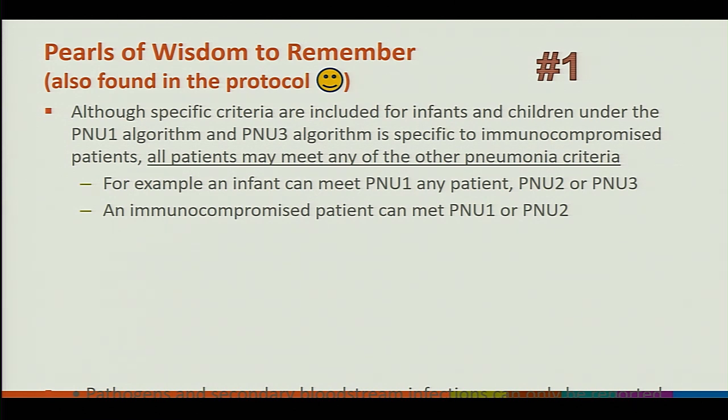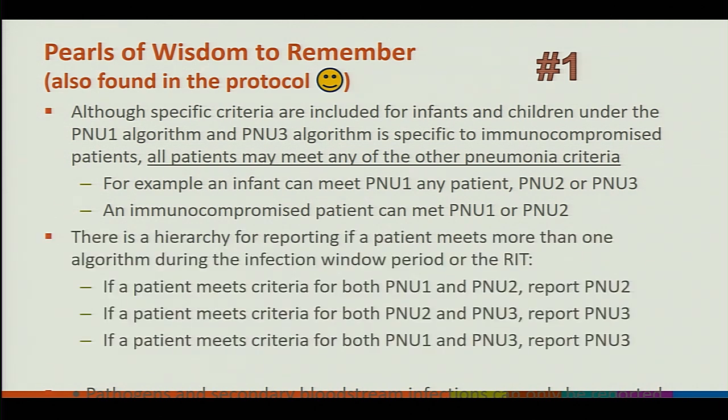So as I alluded to earlier, although the specific criteria are included for infants and children and for the immunocompromised populations, any patient can meet the other pneumonia criteria. So an immunocompromised patient is not just limited to meeting PNEU3. They can meet PNEU1, they can meet PNEU2. Same with an infant. You can still use PNEU1 for any patient, and you can use PNEU2 or PNEU3.